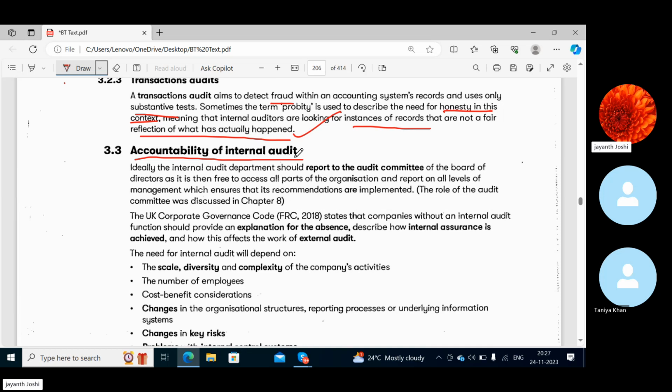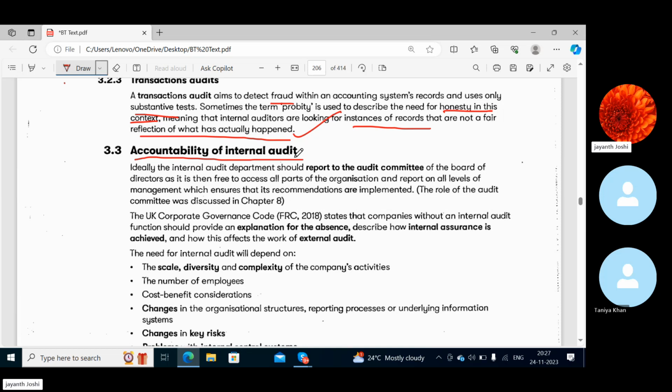The UK Corporate Governance Code, FRC 2018, states that companies without an internal audit function should provide an explanation for the absence, describe how internal assurance is achieved and how this affects the work of external audit.